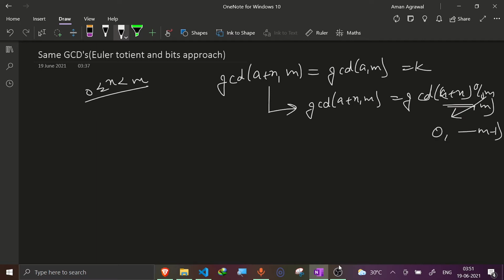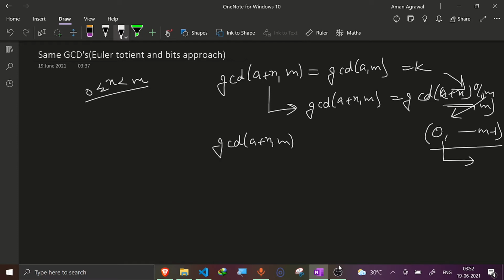So here I would be getting all the numbers from 0 to m minus 1. Using this condition, I need to find all the x such that after adding it to a and taking it mod m, we get some integer in this range. Now let me move forward.